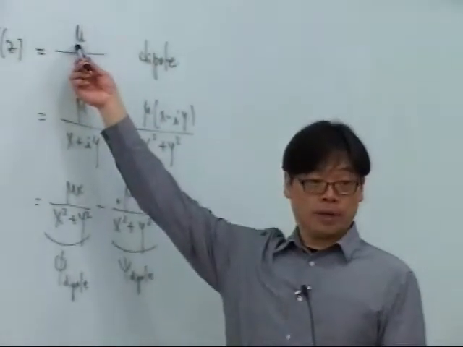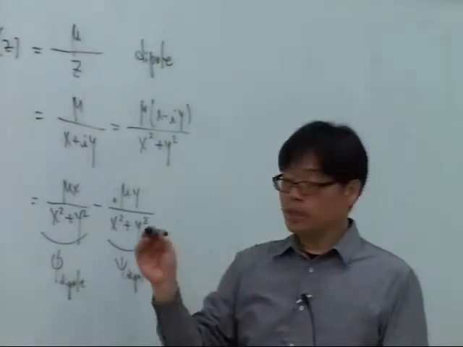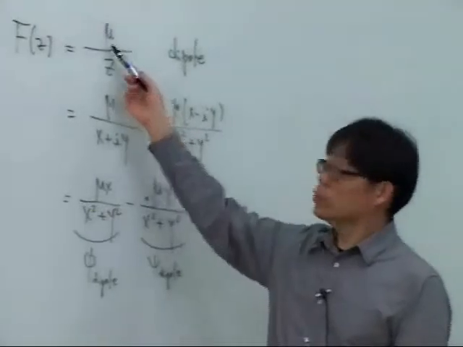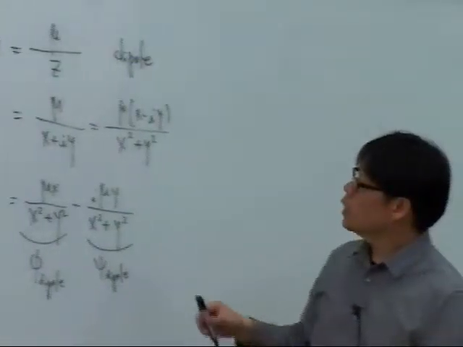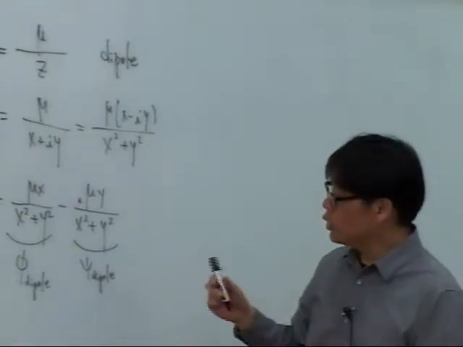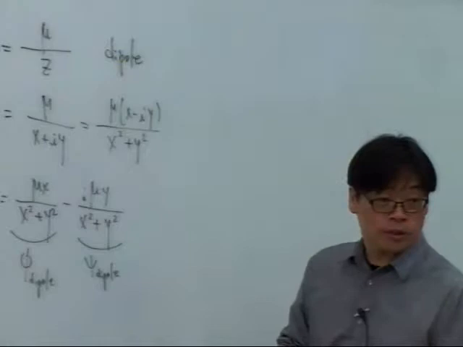But in general, mu can be a complex number depending on how you align the dipole. If you want to align in the x direction, then mu is real. If you want to align in the y direction, then mu has to be purely imaginary.